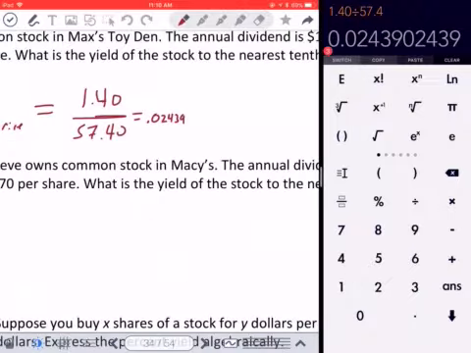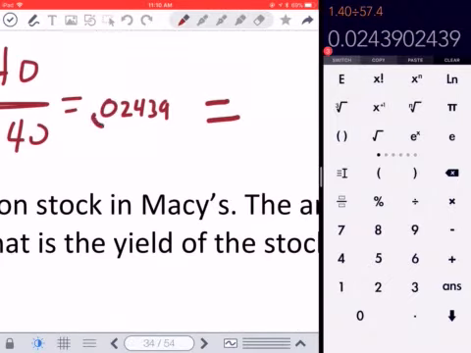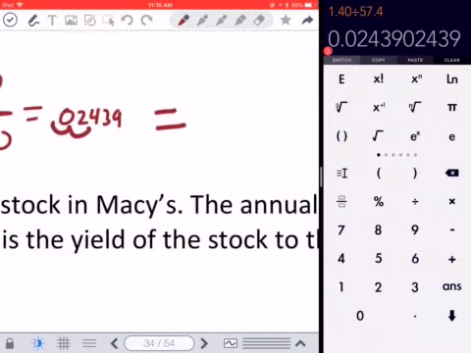If I were to put this as a percentage, I'd move the decimal over twice, and then maybe round to the nearest tenth. So this is going to be about 2.5%, which is pretty good.